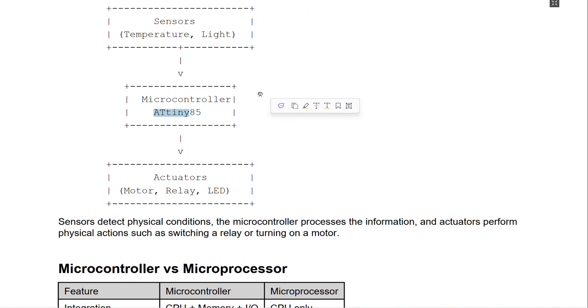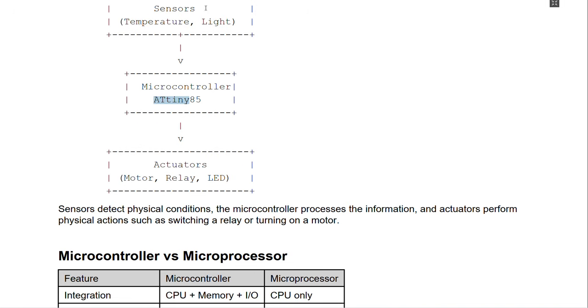So in this case, what comes in as the sensor information is processed by a computer. In our case, our computer is a microcontroller. Remember, what we call a computer must have a CPU and ALU on the inside.